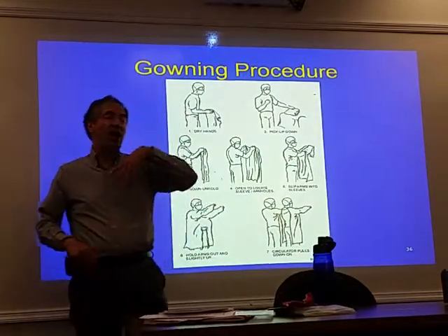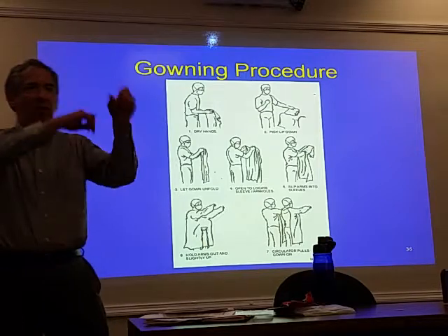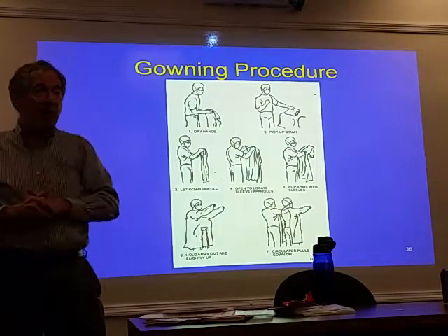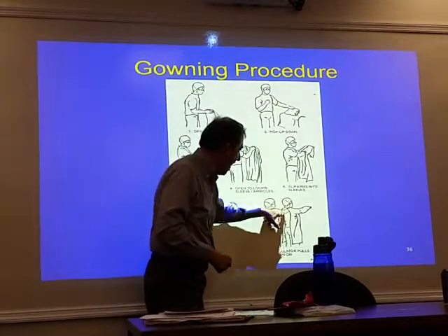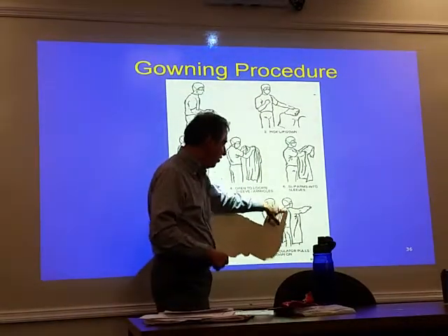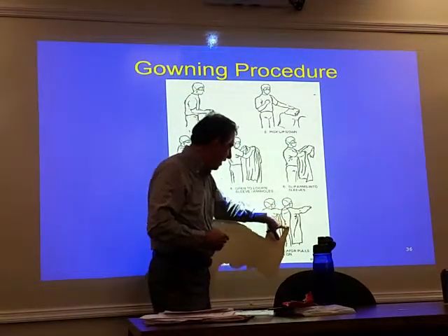Usually it's the circulating nurse that has to tie it up, and they usually have about 20 other things to do. So once you see what's being done, you can help tie it up in the back, maybe tie it at the waist.